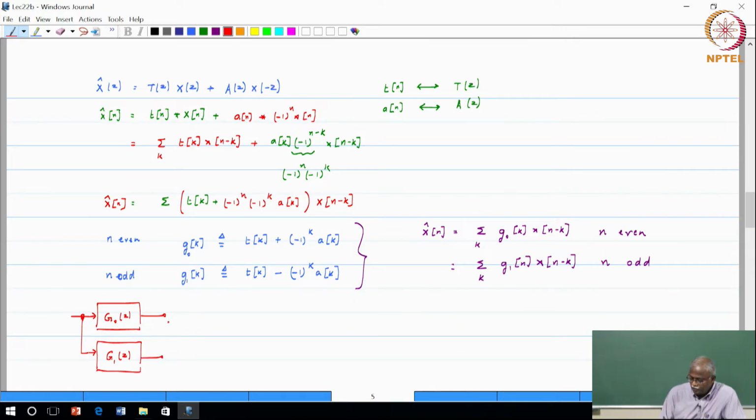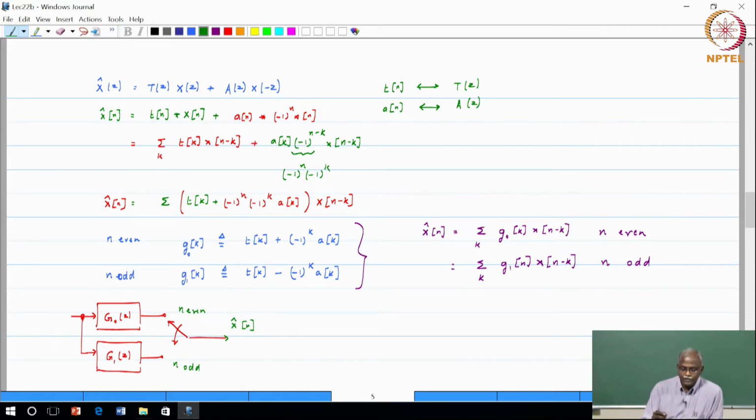It is as if the output sequence goes back and forth: it chooses the upper branch if n is even, the lower branch if n is odd, and this is x hat of n. I have not done anything about alias cancellation, I have just let aliasing be there, and I have analyzed what my input output relationship is.